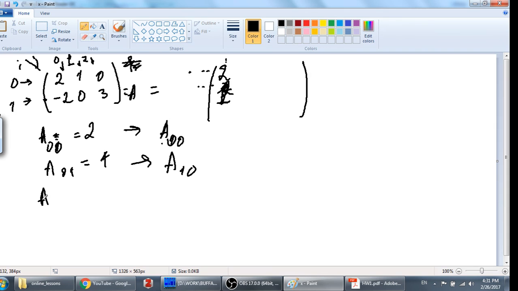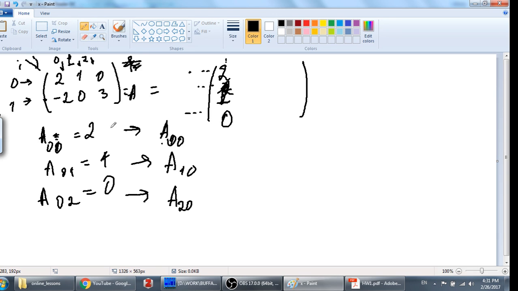The next one is A 0, 2, which is 0, and that will go to A 2, 0. That means you have a row 2 and a column 0, so it will go here. This 0 will go here.